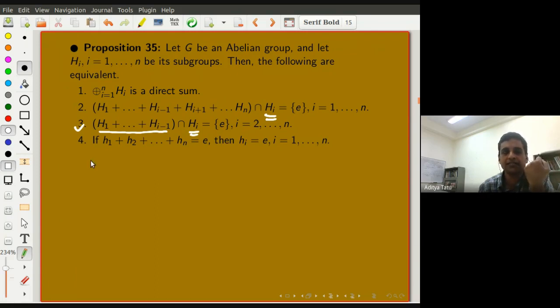Another way to check whether this sum is direct is the fourth point. It says that if the identity has a unique representation, then all other elements will also have a unique representation, and therefore the sum of subgroups will be a direct sum.